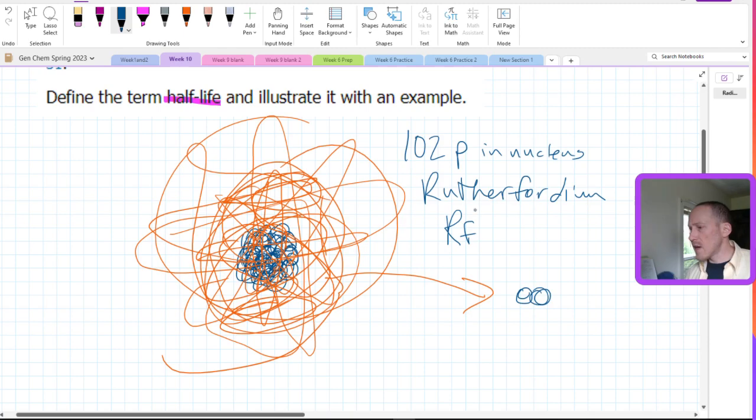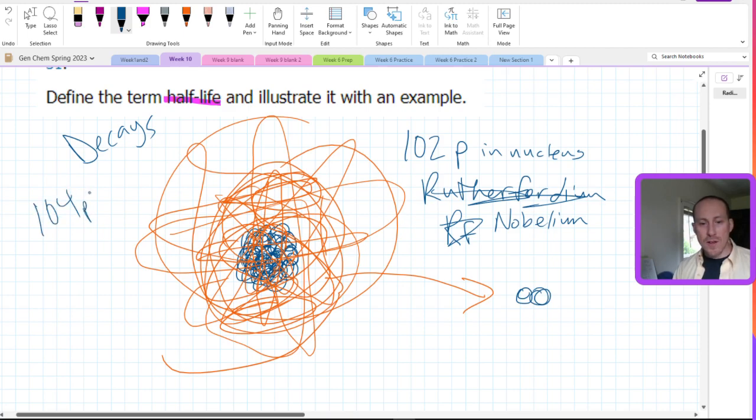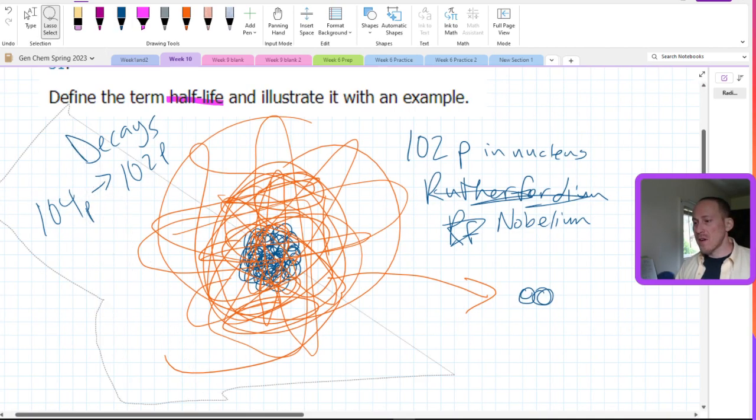And so now it became Nobelium. Now, I don't know if that exact reaction would happen, but that is the decay part. The decay part is that it started with 104 protons, and then it lost an alpha particle, and it had 102. So it decayed, it shrank, it changed into something else. So that's decay. Now, how does that pertain to half-life?